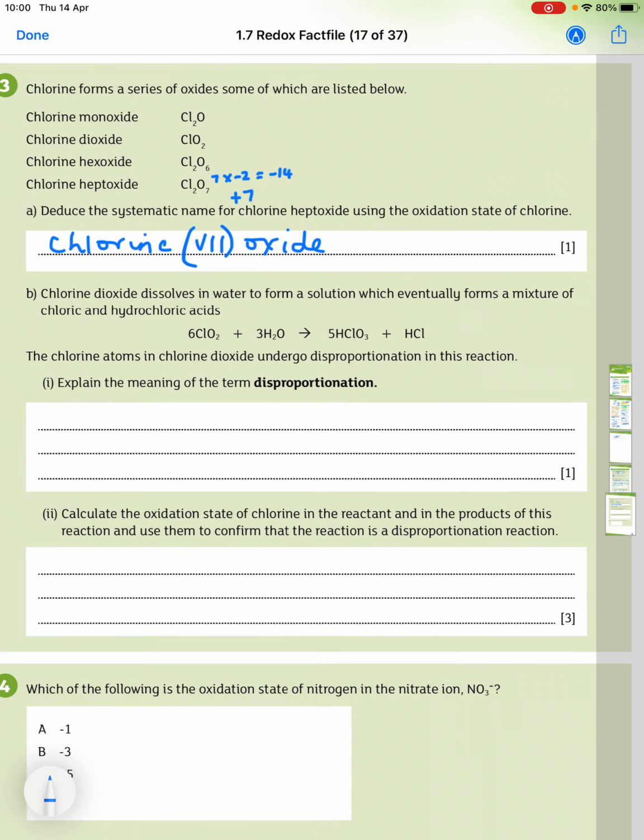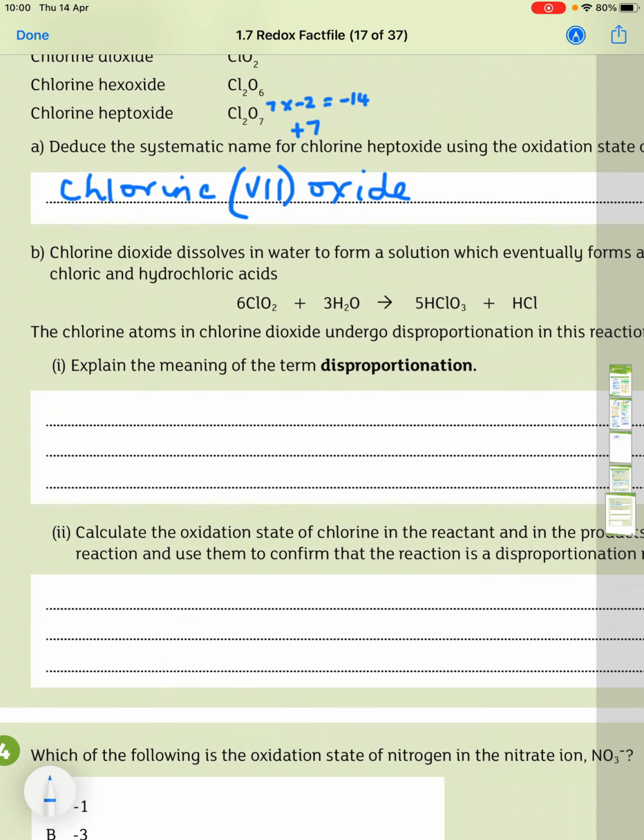Next it says chlorine dioxide dissolves in water to form a solution which eventually forms a mixture of chloric and hydrochloric acids. So 6ClO2 and 3H2O gives you 5HClO3 and HCl. The chlorine atoms in chlorine dioxide undergo disproportionation in this reaction. So explain the meaning of the term disproportionation. So you have to say that it's oxidation and reduction of the same element in the same reaction, not just oxidation and reduction happening at the same time, because that's redox.